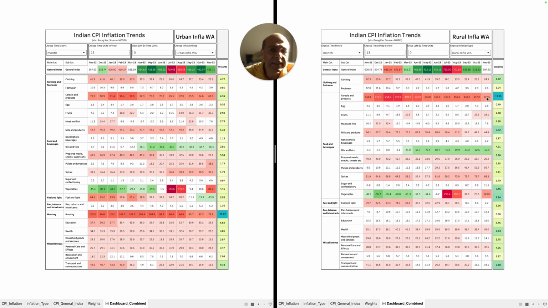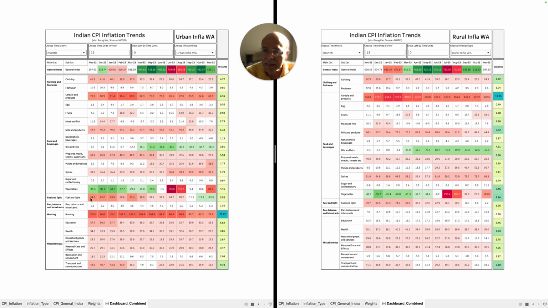That is why this is almost double. That's the only difference here. If housing was captured and contributed to the rural inflation number, then this weight would not have been 12.35%. That's how these numbers show up as a higher contributing factor to the overall inflation.